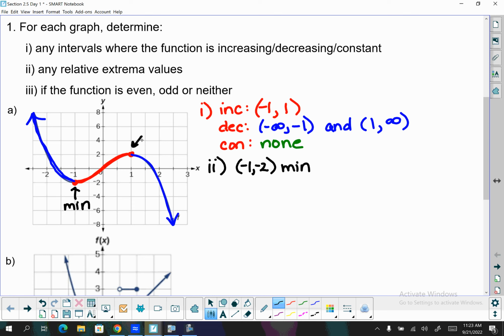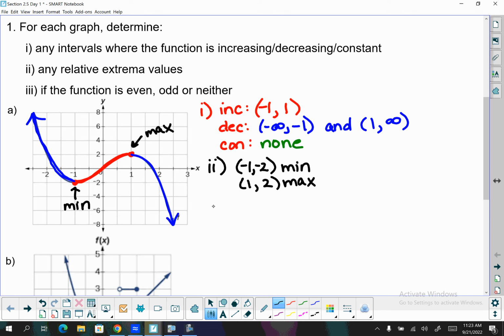And then I also have a max at 1, 2. It is also possible that you can just say the y value. Min and max refer to a height. So you might see minimum at -2, maximum at +2. That would be sufficient as well. We usually just list the whole point here though.